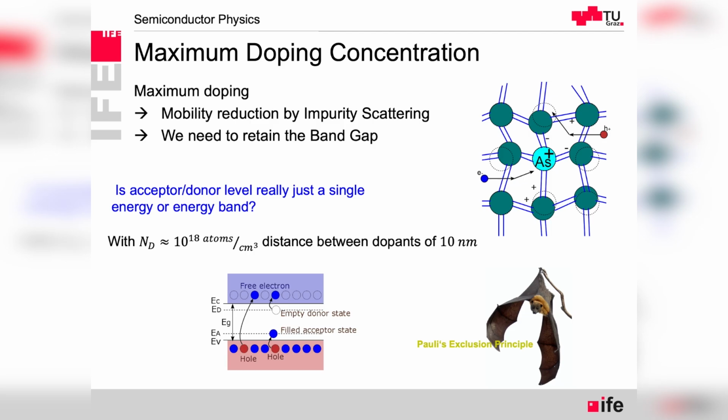So if you remember the Pauli exclusion principle, we cannot have two dopant atoms. The dopant atoms are already so close that the wave functions start overlapping, and two dopant atoms will have energy states for the charge carriers that would be identical, within this overlapping of the wave function.